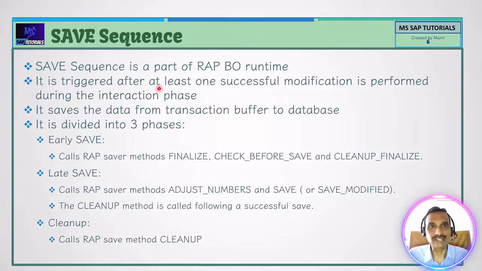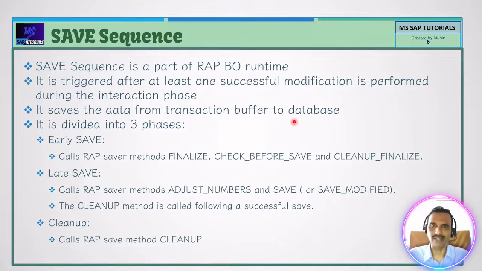Okay, now it is triggered after at least one successful modification is performed during the interaction phase, and it saves the data to the transactional buffer and then to the database. Okay, it saves the data from the transactional buffer to the database.